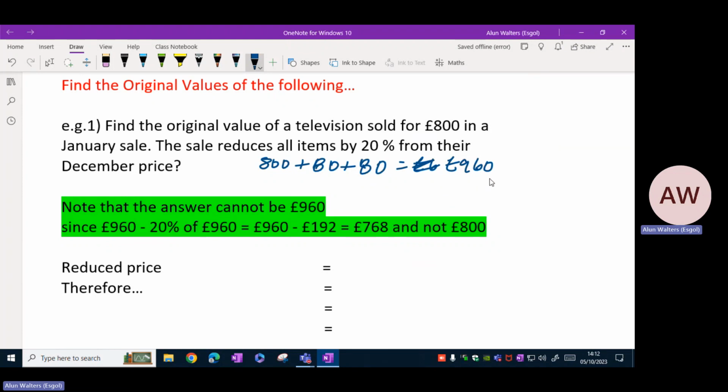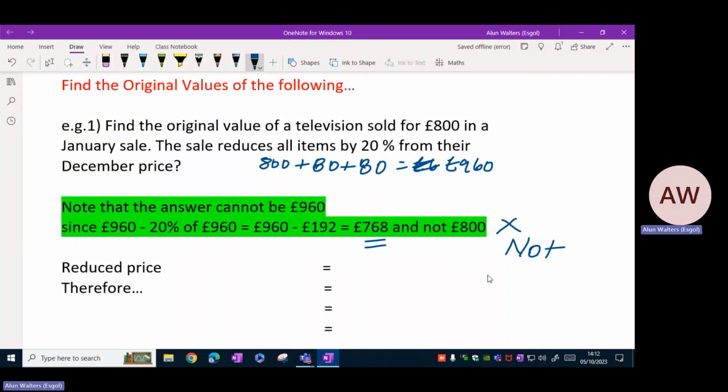But that is incorrect. We cannot do that method for this question, because if we work it the other way, if the item was £960 and you took away 20%, two lots of 96 is 192. If you took away 20% from 960, you end up with 768, not £800. So this method is not correct.